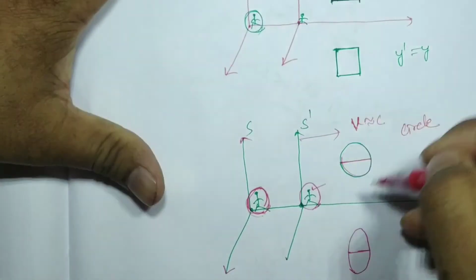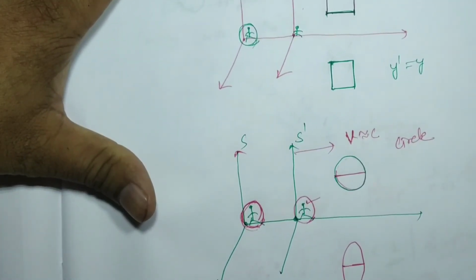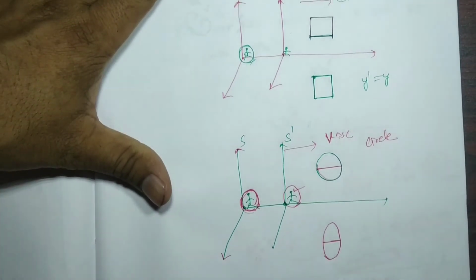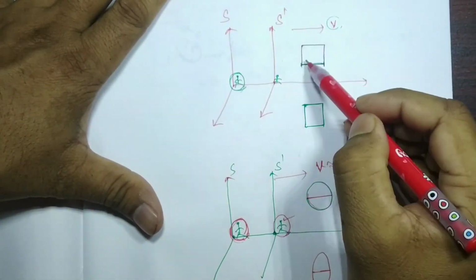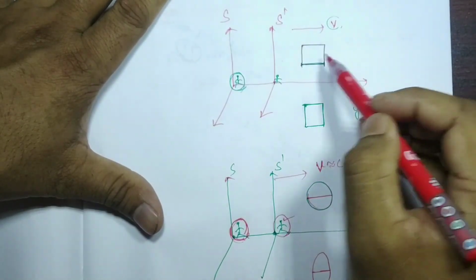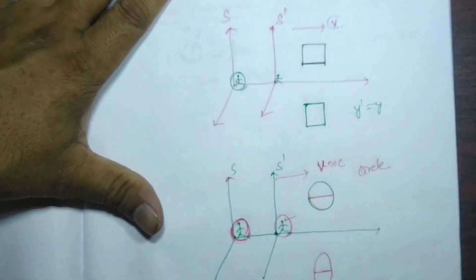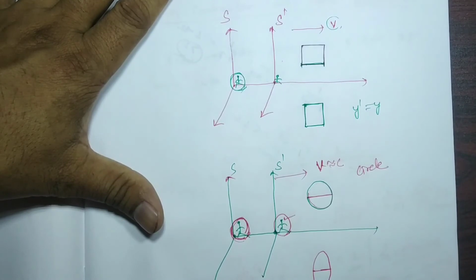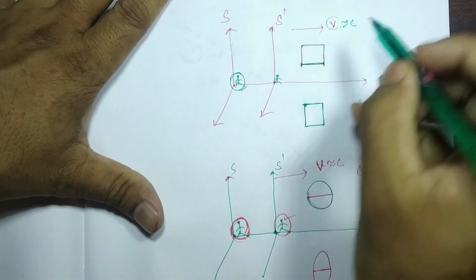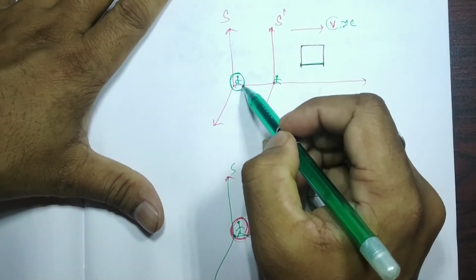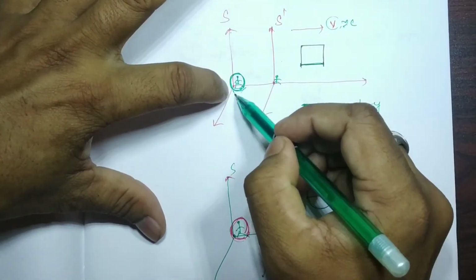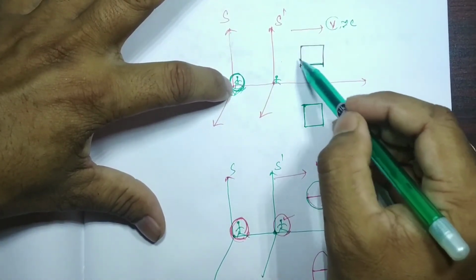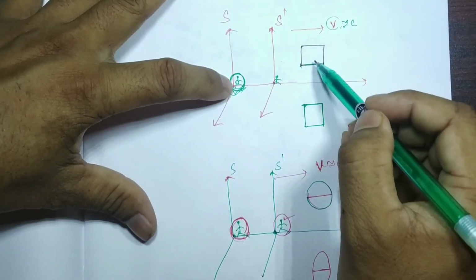So these are two interesting facts that can be observed. When a frame of reference or an object is moving with a velocity approximately equal to c, then the person who is sitting at a stationary frame of reference observes that the shape of this object is going to be changed.